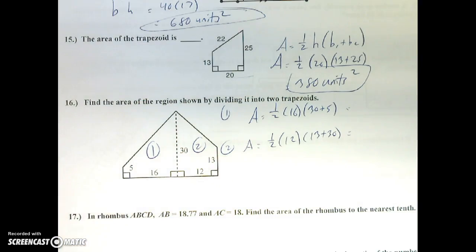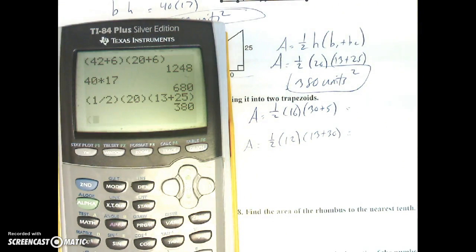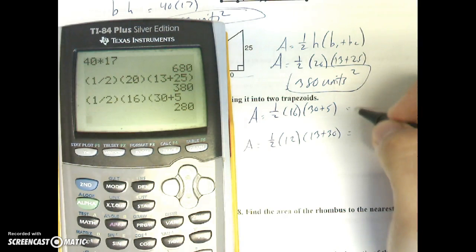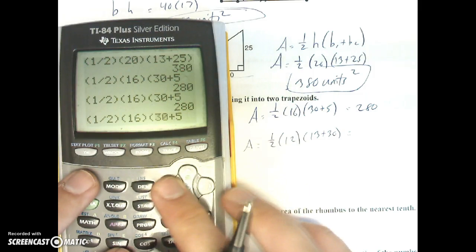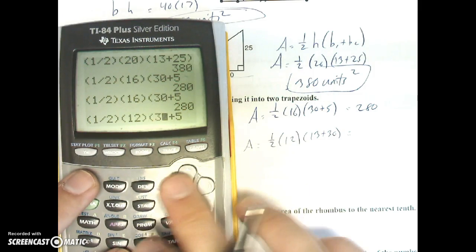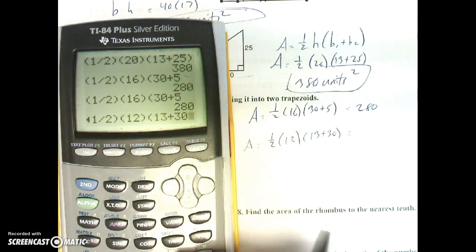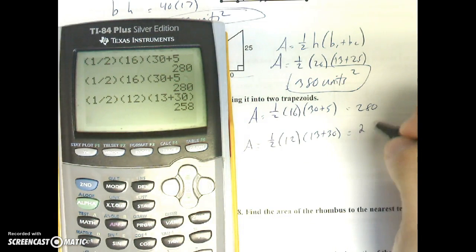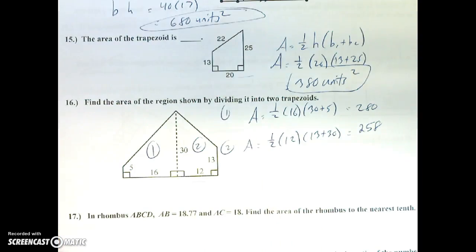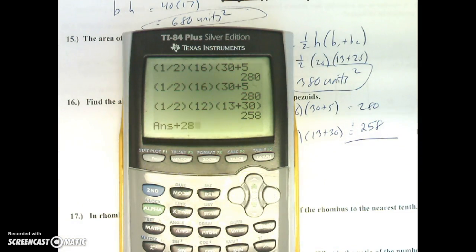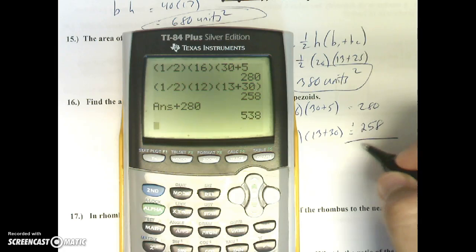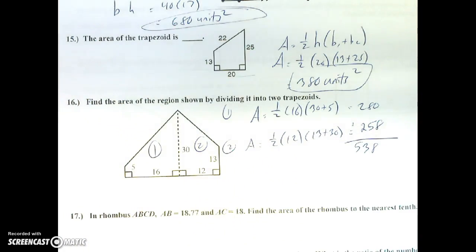Okay, so let's take a look at this. 1/2, 16, 30 plus 5, 280. The other one, hit second enter to pull it back up. 12, 13 plus 30, 258. And if I take these two and add them together, 258 plus 280, I get 538 units squared.